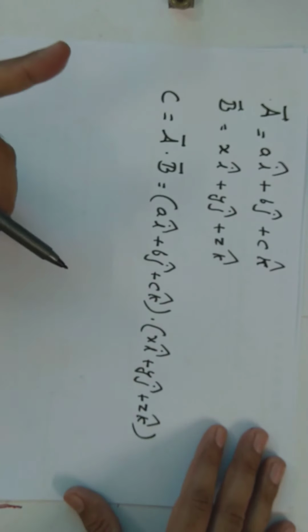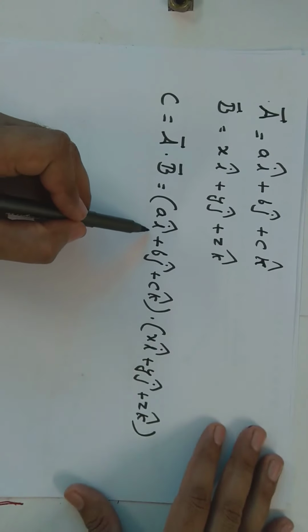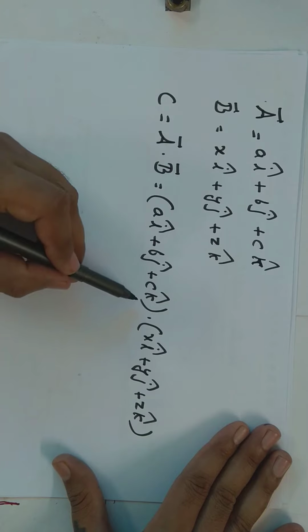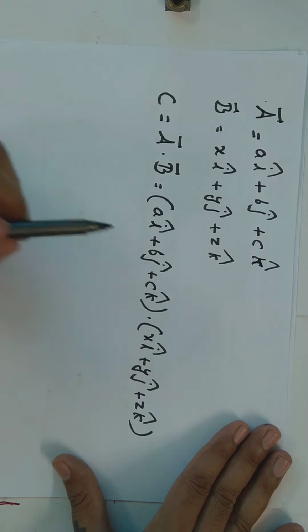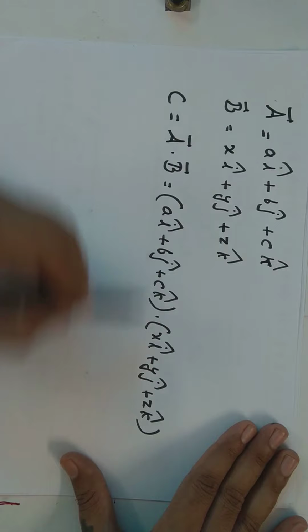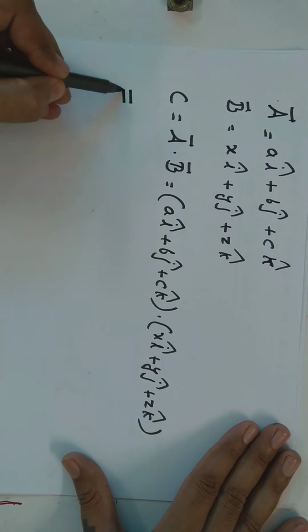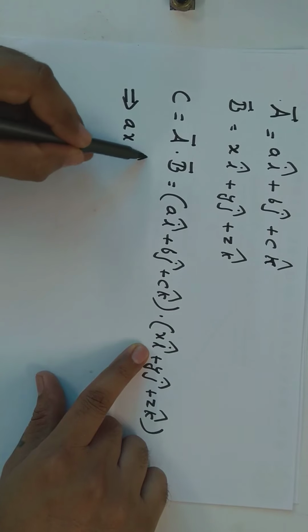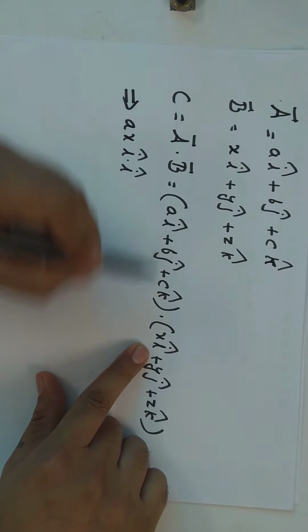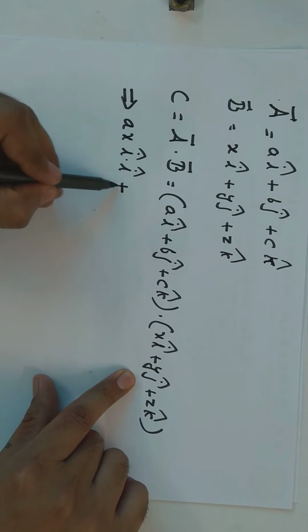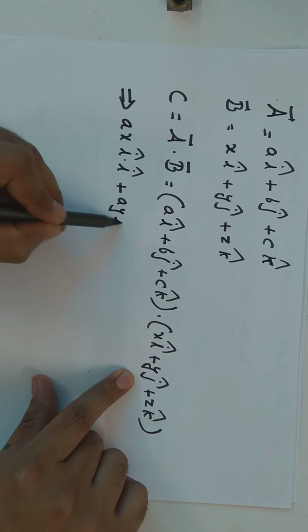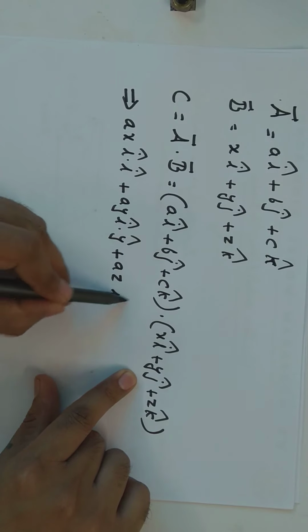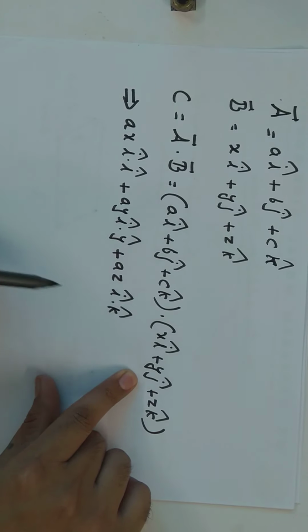Okay, as we already know, i cap indicates x-axis, j cap indicates y-axis, k cap indicates z-axis. Okay, so what we do, we solve it. Now it becomes a x i cap dot i cap plus a y i cap dot j cap plus a z i cap dot k cap.